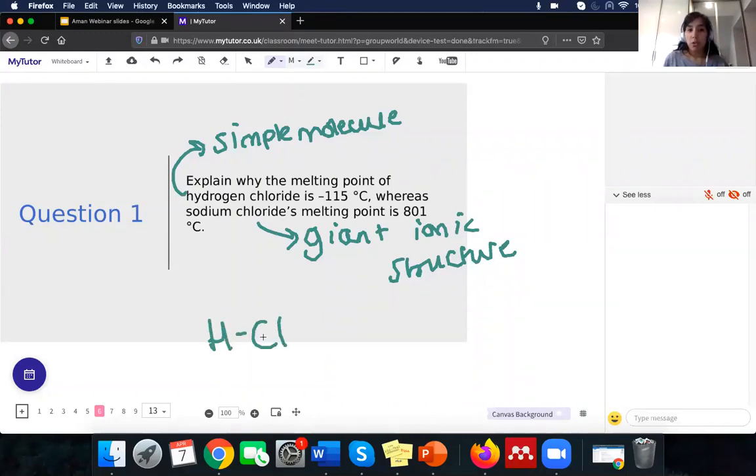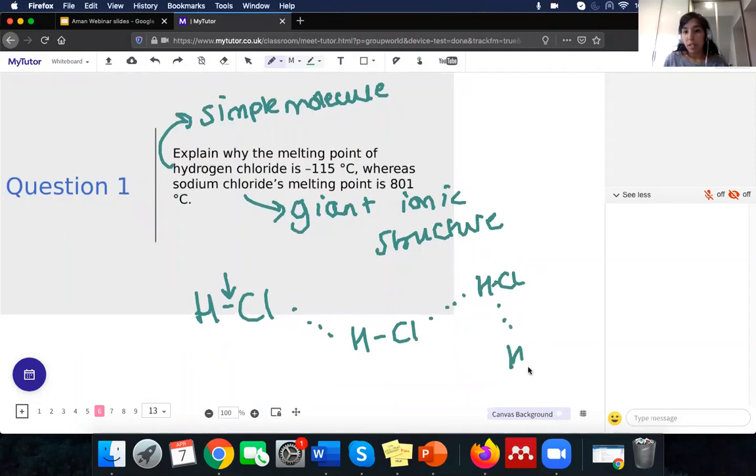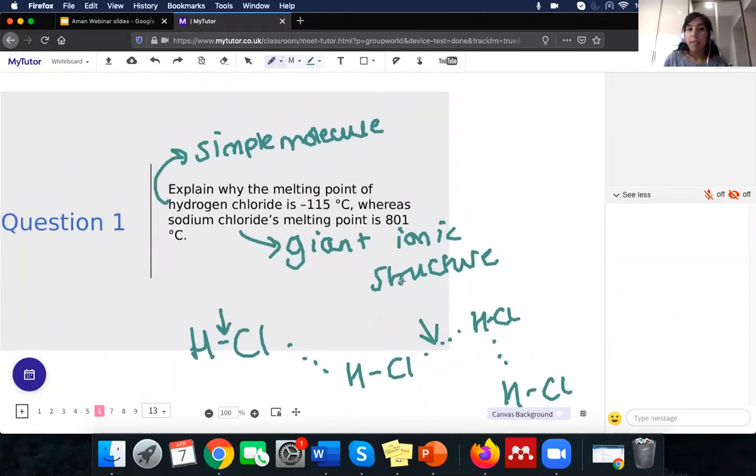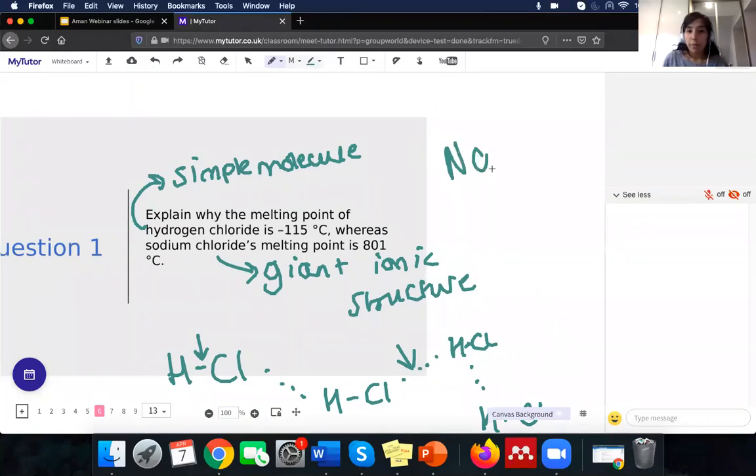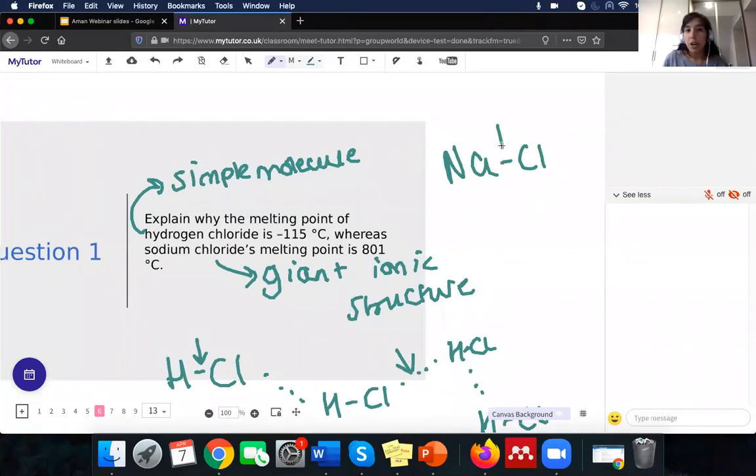Hydrogen chloride has a very strong covalent bond, but between molecules of hydrogen chloride there are these weak intermolecular forces, the dots that I've denoted here, and it's these that are being broken. That's why the melting point of hydrogen chloride is low. Whereas in sodium chloride, I'll just draw it like this, it's the ionic bond between sodium and chlorine that is broken when we melt sodium chloride.